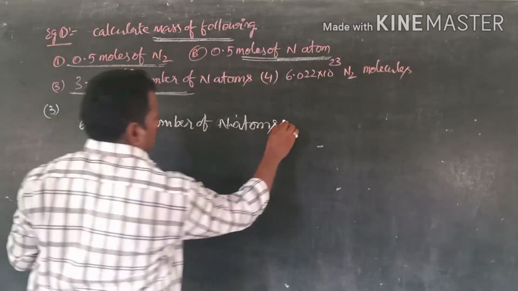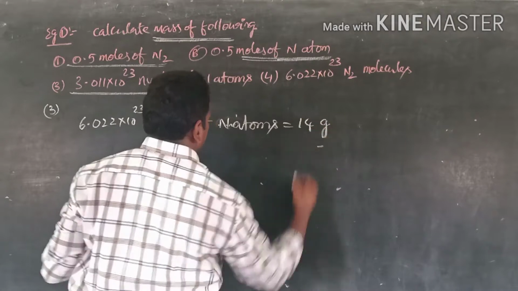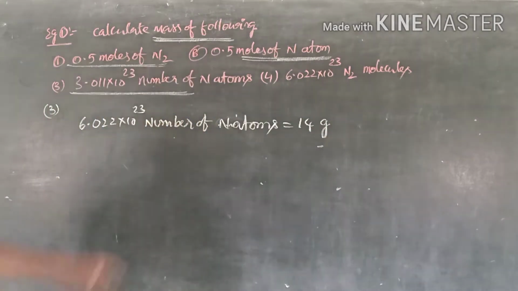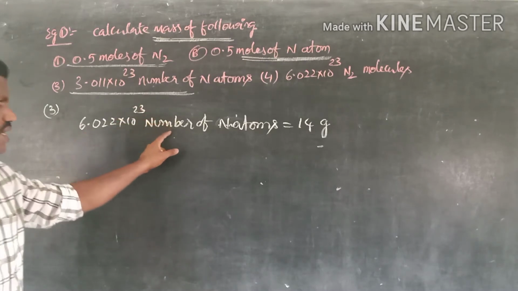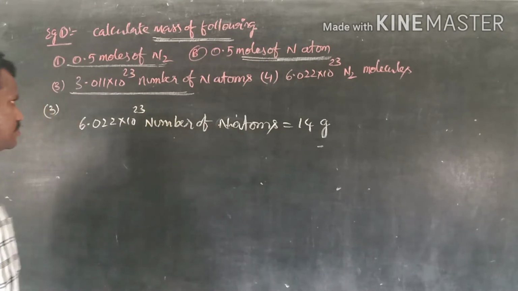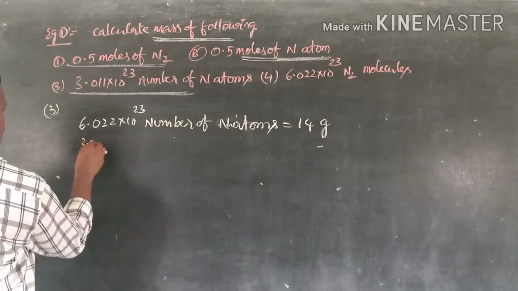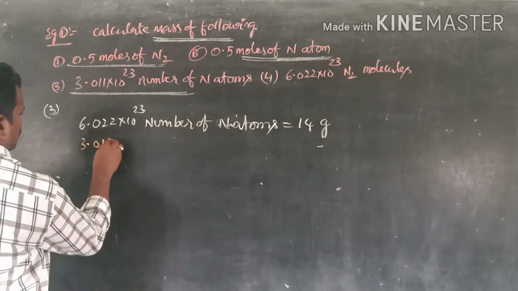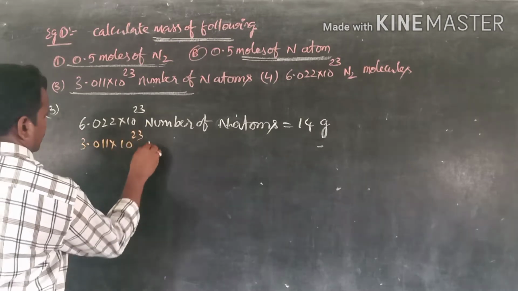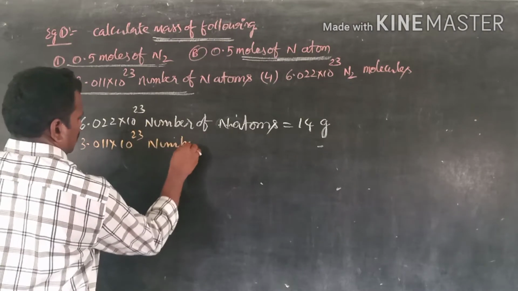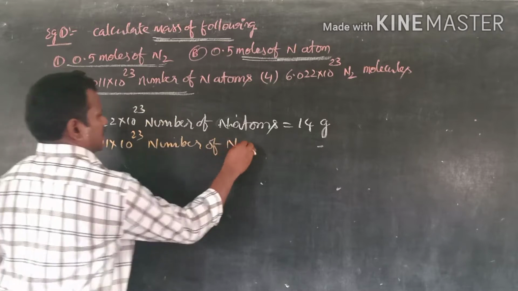We already know its weight is 14 grams. Sir, why you taken grams? Because they are asking mass. 6.022 into 10 power 23 N atoms weigh 14 grams. Then the number is reduced, that is 3.011 into 10 power 23 number of N atoms.